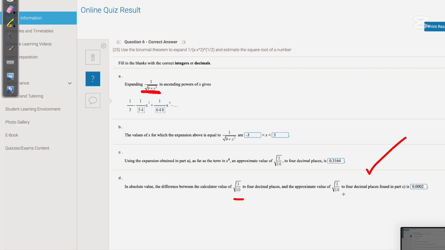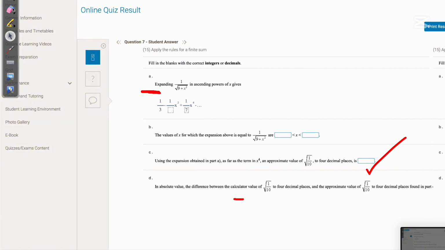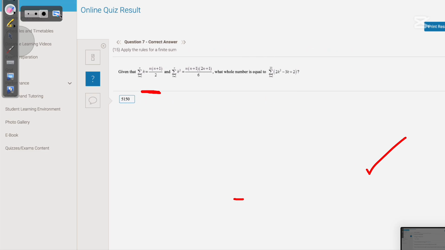Which will approximately give us 0.0002. Since they want the absolute value, it is going to be 0.0002, because in the calculator it will give negative, but after it will be positive.